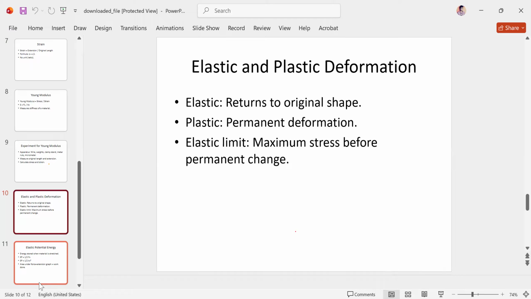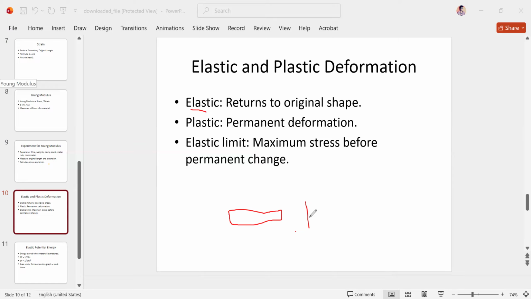First of all, we read and understand the meaning of elastic. Elastic means a body when we apply a force on an object. Suppose take an elastic.